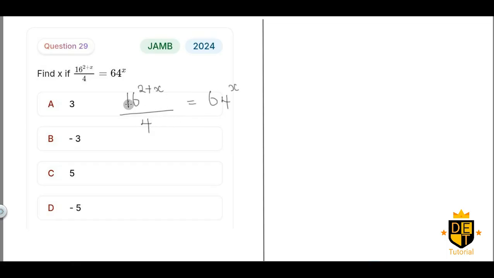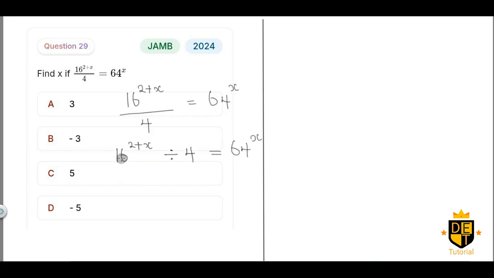This can also be written as 16 raised to the power of (2 plus x) divided by 4, equal to 64 raised to the power of x. The next thing to do is to express 16 as an index number with 4 as the base, and also express 64 with 4 as the base number.